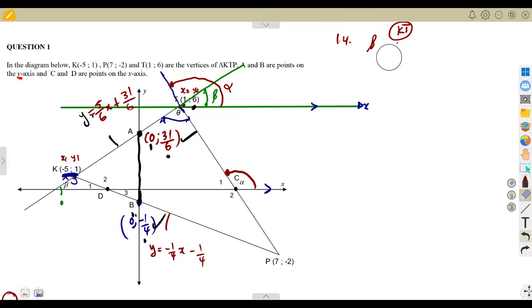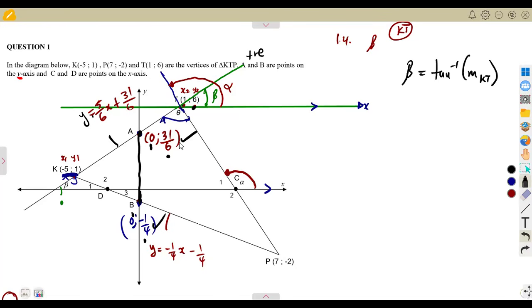Remember the concept about the angle of inclination, that if the line is of this nature, I said in that introduction that it has a positive gradient. And when it has a positive gradient, our beta is simply arctan of the gradient of the line, that is the line KT.